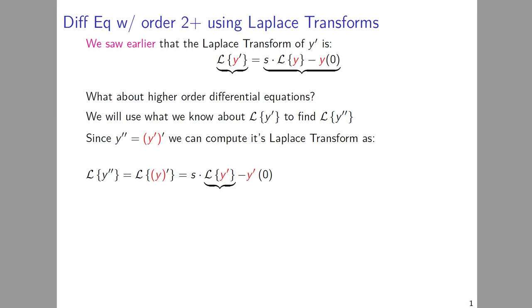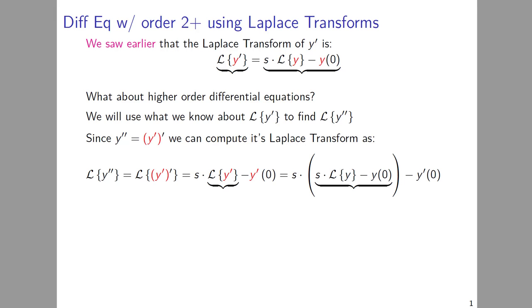The Laplace transform of y prime is s times the Laplace transform of y minus y at 0. So by replacing this in our formula for the Laplace transform of y double prime, we have s times the Laplace transform of y prime, which itself is s times the Laplace transform of y minus y of 0, all minus y prime at 0.